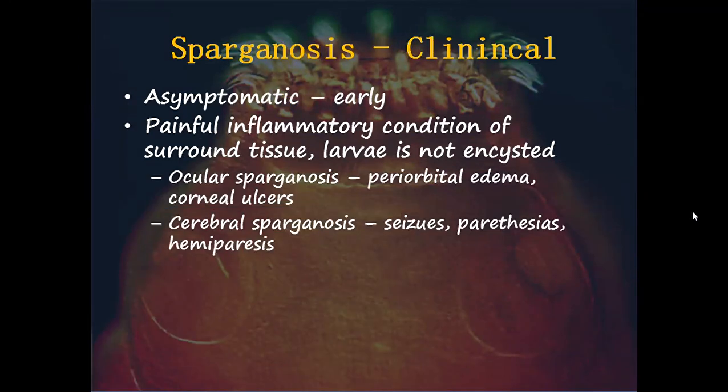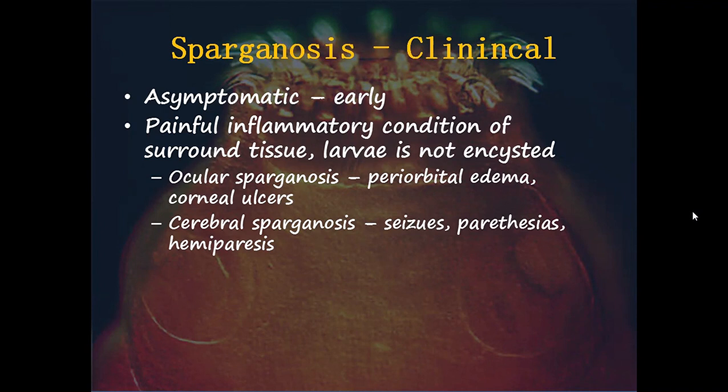So, what are the clinical signs and symptoms of the disease? In the early infection, it can be asymptomatic. But depending on the location where it migrates, it can cause painful inflammatory conditions of the surrounding tissue.